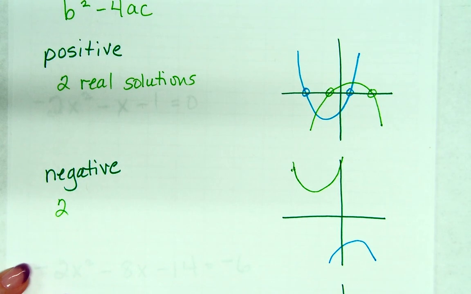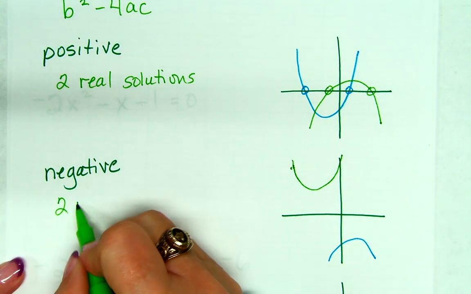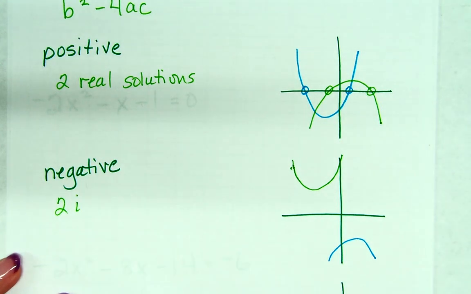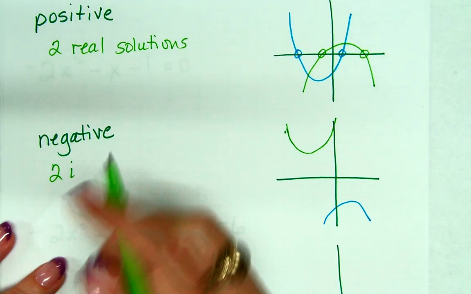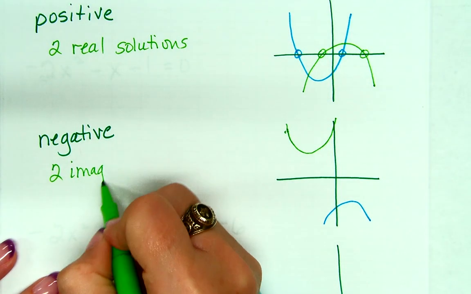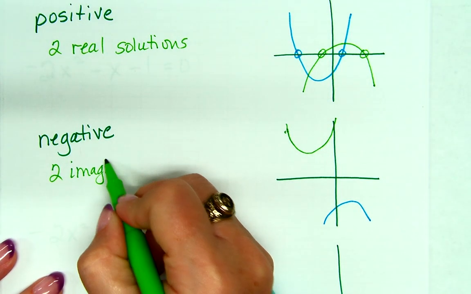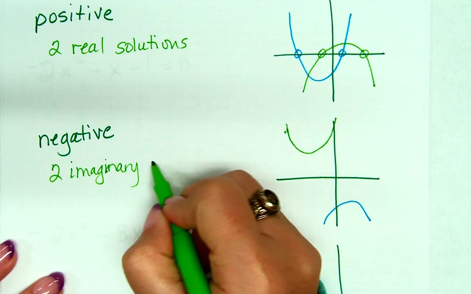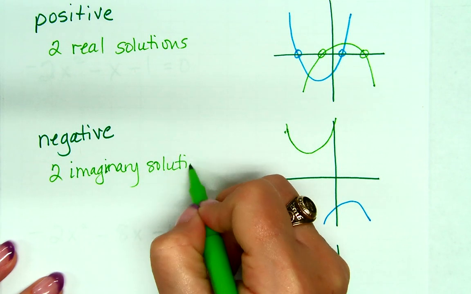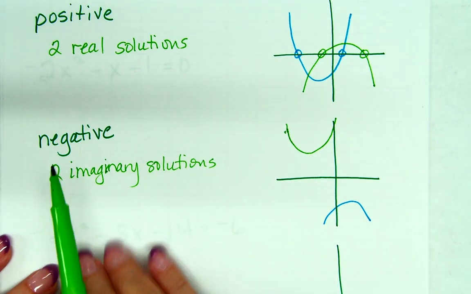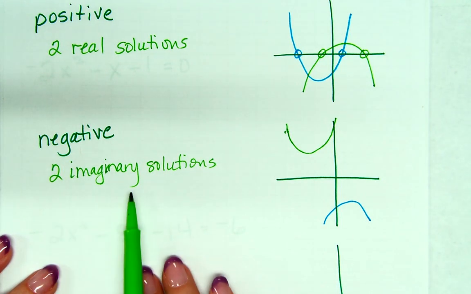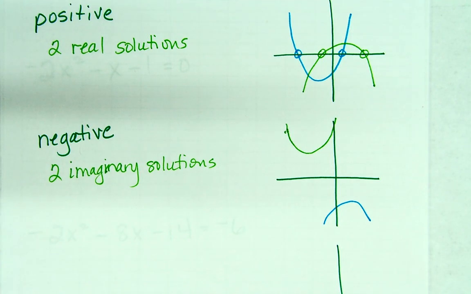But what kind of solutions are they? If your discriminant is negative, you have 2 imaginary solutions. So what's the other option?